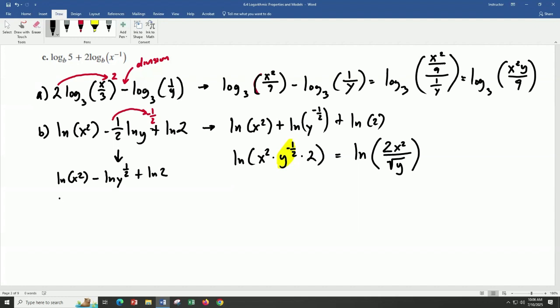Rewriting the pluses together, I would have the ln of x squared plus the ln of 2 minus ln of y to the 1/2. Realizing that now you have multiplication happening here, division happening right there, this would still once again turn into the ln of 2x squared over the square root of y. Notice a couple of different ways to do it. Really your choice.